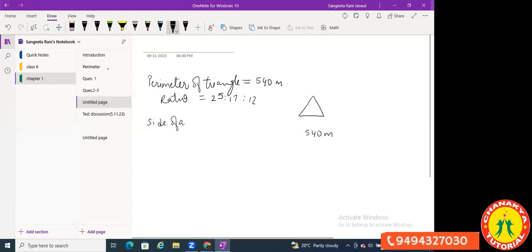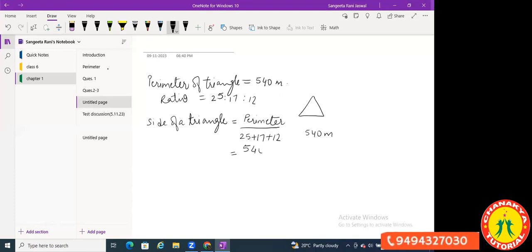Side of a triangle will be perimeter upon, what will you do? You will take the sum of all these ratios. Okay, 25 plus 17 plus 12. Got it? Are you understanding?